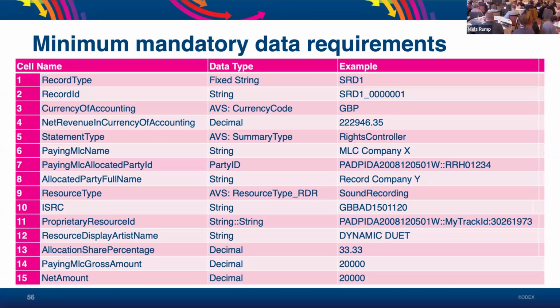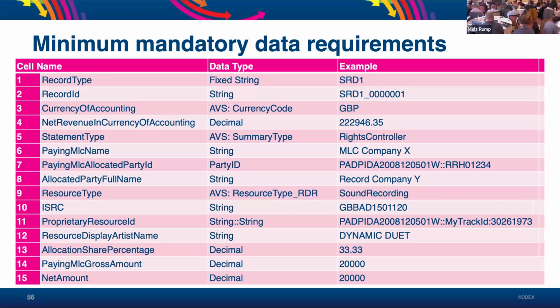But all those cells are required to be populated, and it's not really a lot. You have to specify the record type, you have to give the record an ID, you need to specify in which currency the revenue is being exchanged. You have your net revenue in that currency. As I said, you need to specify whether that file is showing revenue for a rights controller or for a contributor.